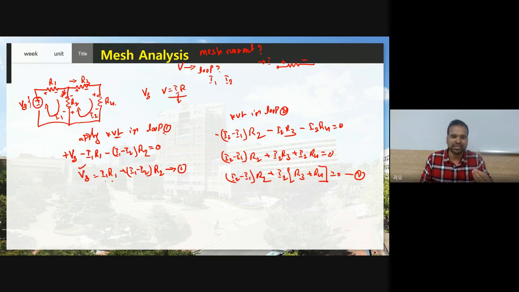Two variables, that is I1, I2. Now in my previous video, I explained Cramer's rule, right? So by using this Cramer's rule, you can find I1. The formula is delta I1 by delta. And you can also find I2, that is delta I2 by delta. So by using Cramer's rule, you can find I1 and I2.